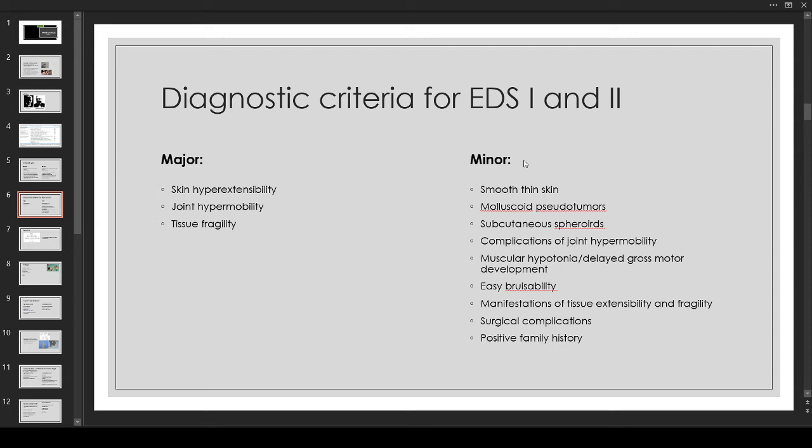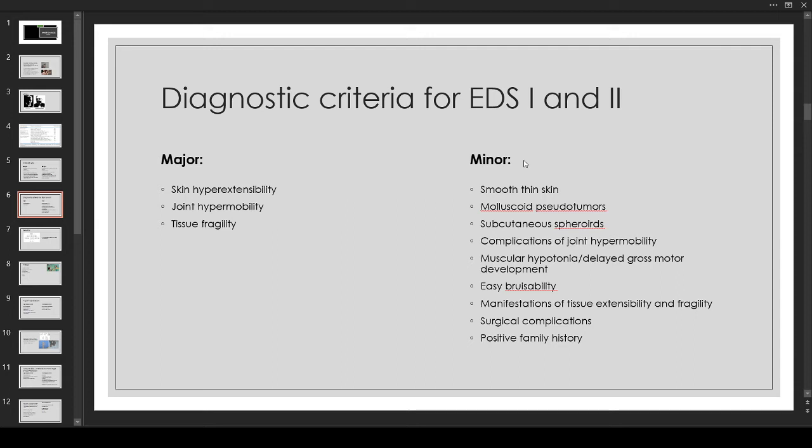Complications of joint hypermobility, muscular hypotonia or delayed gross motor development, easy bruisability, manifestation of tissue extensibility and fragility, such as development of hernia or anal prolapse in childhood, of course, and cervical insufficiency, and surgical complications. Now here is a point.